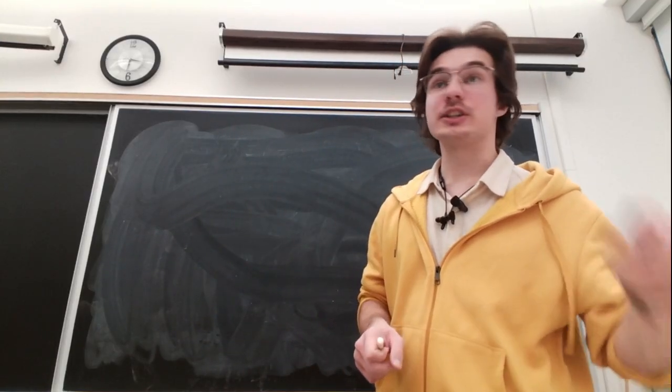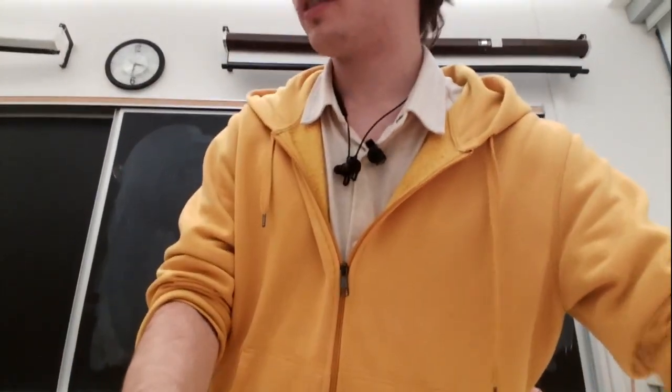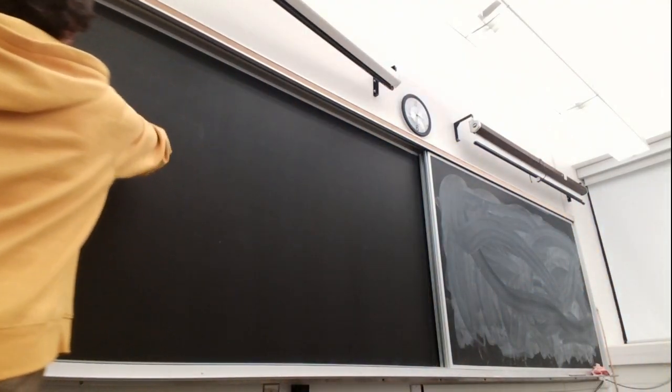So let's recall some notation first. Do you agree? So maybe I'll do this over here. Recalling some notation, because this notation is actually quite important, otherwise you get easily confused.